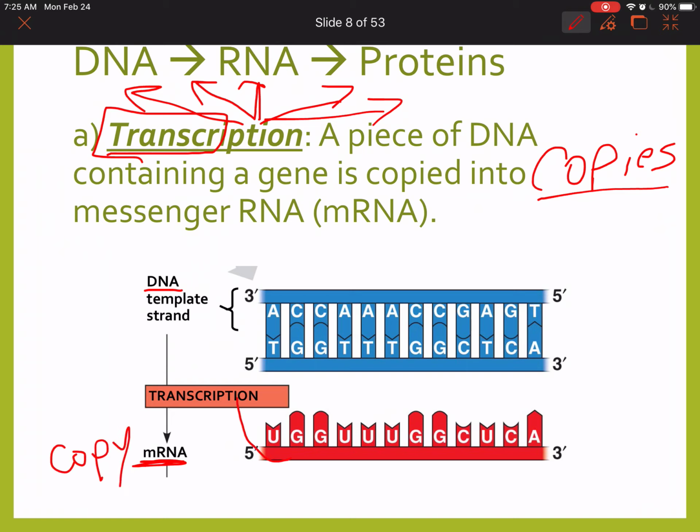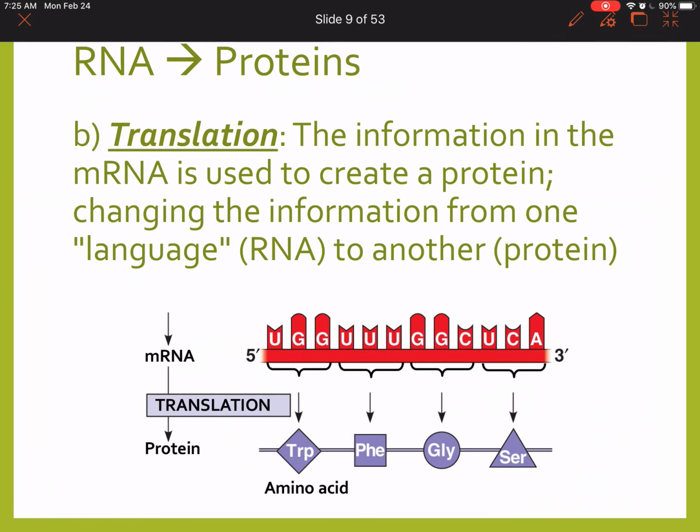Because if you look, this and that are pretty close. There are some differences that we will talk about. And then this copy is sent out into the cell. So transcription just creates an RNA copy.